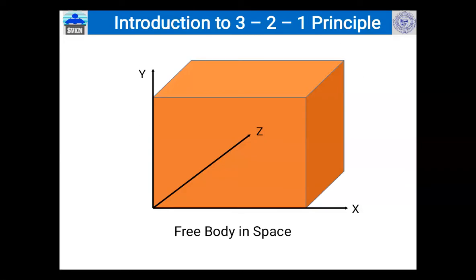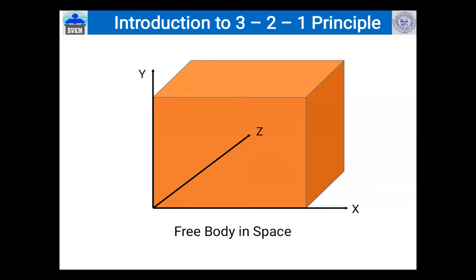So to design a jig and a fixture, the basic principle required is the 3 to 1 principle. Now assume that a free body is kept in space along the three axes, that is x, y, z.